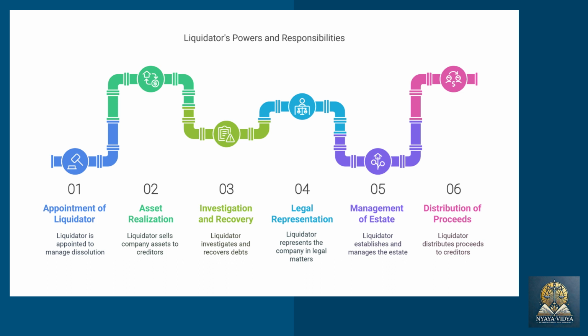If there are any debts owed to the company, the liquidator can take action to recover them, making sure all possible assets are found. I'll give an example for this section. If there is evidence that company directors diverted assets before insolvency, the liquidator can start legal actions to get those assets back. And the next one is representation in legal proceedings.